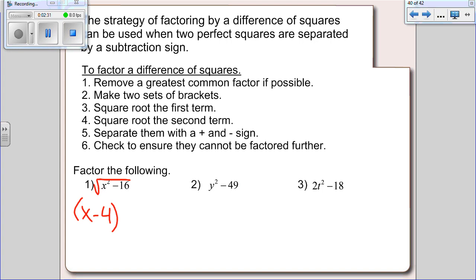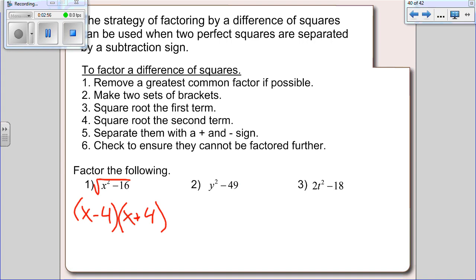But you need another set of brackets, because whenever we're factoring, we're always getting two binomials. It's not going to be x minus 4 again, it's going to be x plus 4. So you're going to have one that's negative and one that's positive.